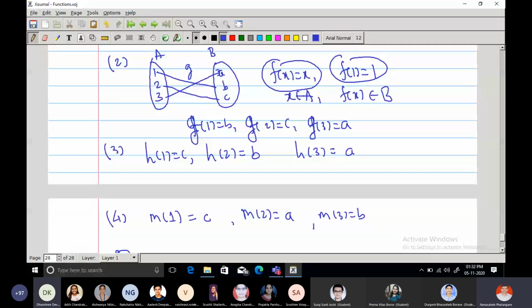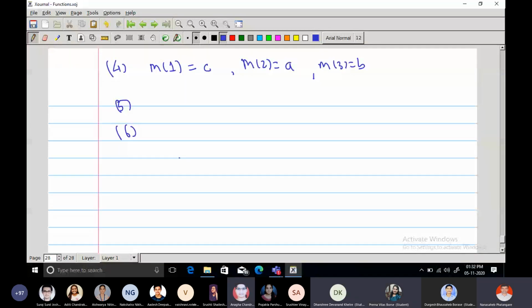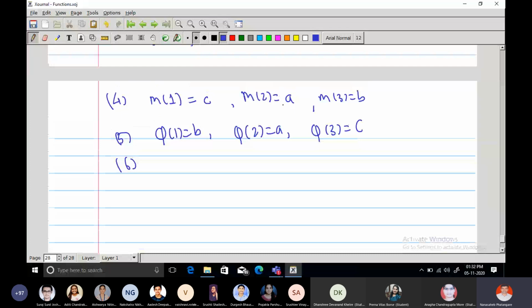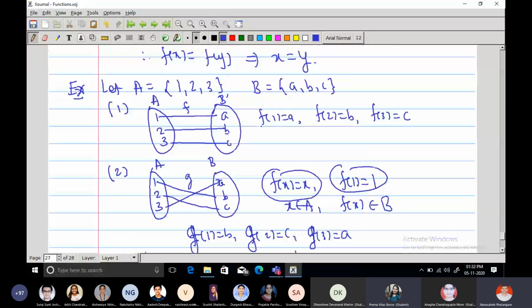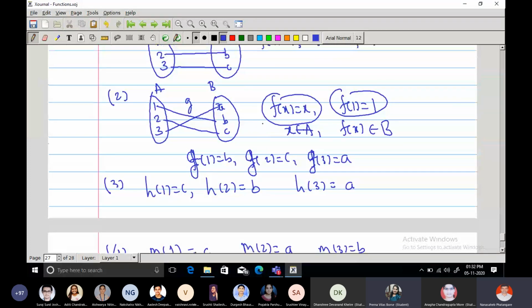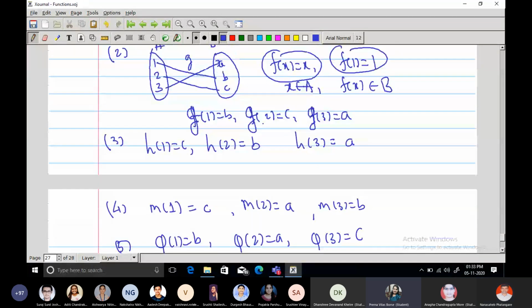Phi of 1 equal to B, phi of 2 equal to A, and phi of 3 equal to C. So 1 goes to B, 2 goes to A, 3 goes to C. Isn't it repeated? Just check it. Any more? Eta of 1, eta of 2, eta of 3.